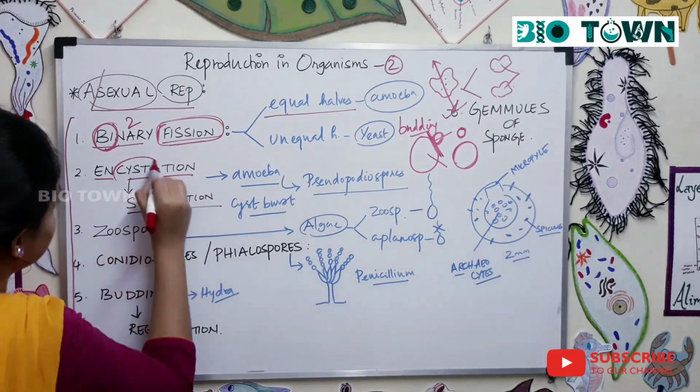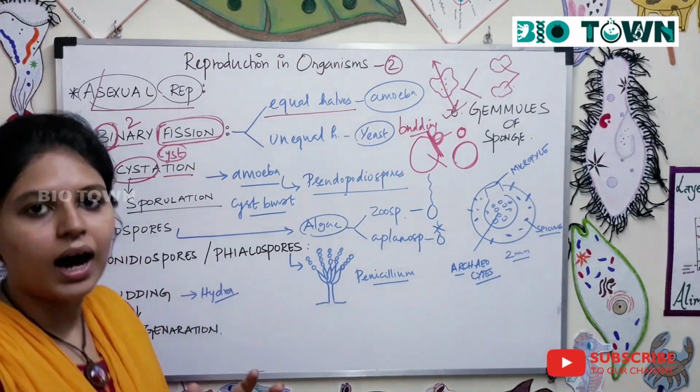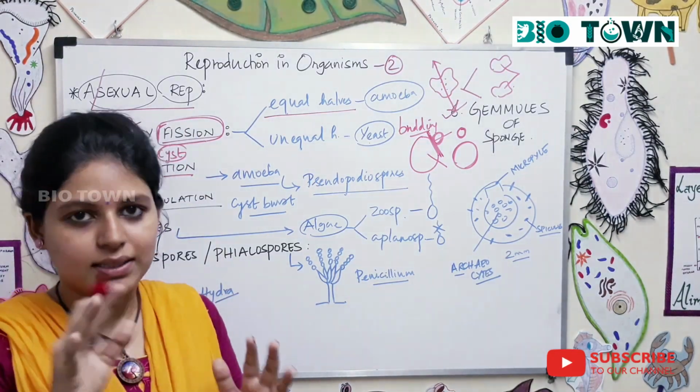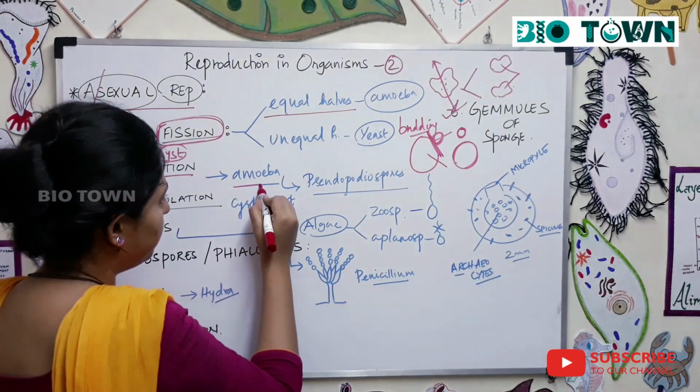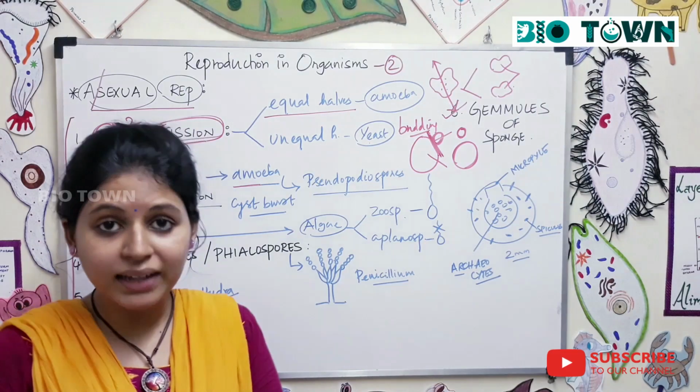Next is encystation, which means there is a formation of a cyst or a hard layer around a cell. Now in case of amoeba, basically amoeba divides by binary fission.